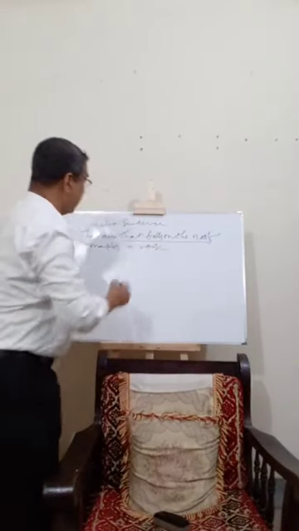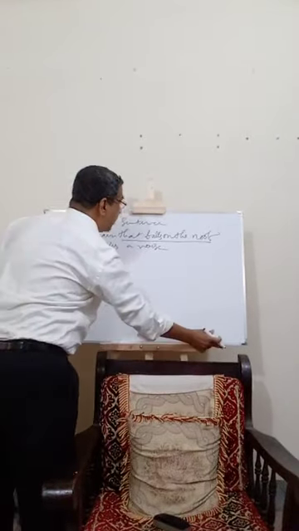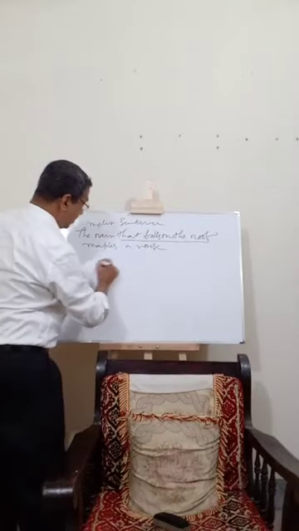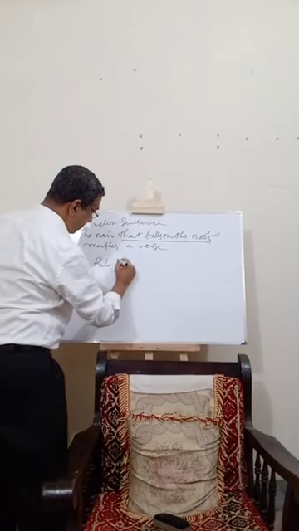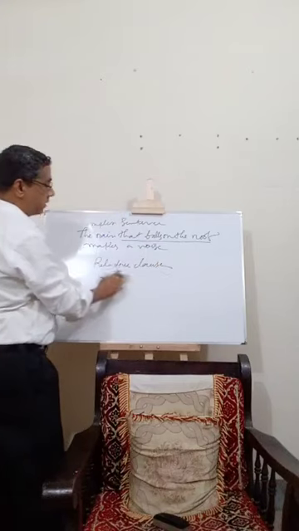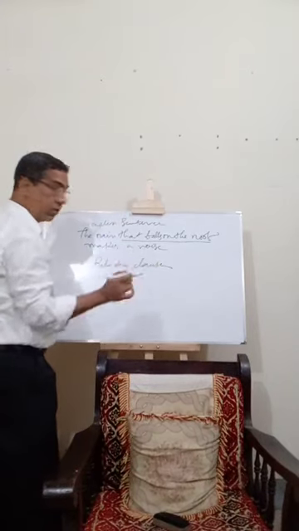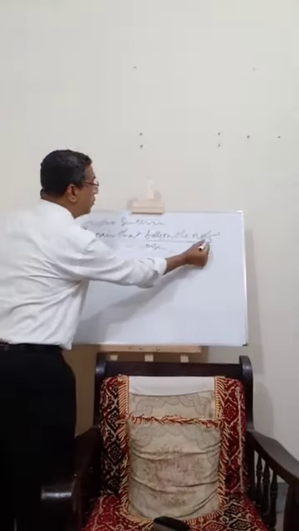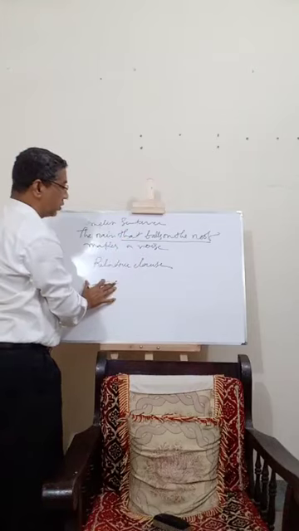This clause is the relative clause. You understand? This part, that falls on the roof, is the relative clause.